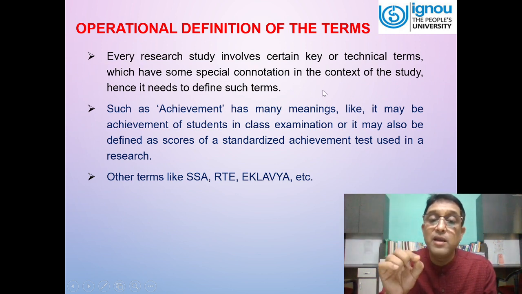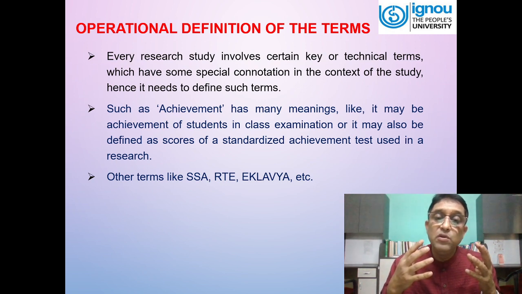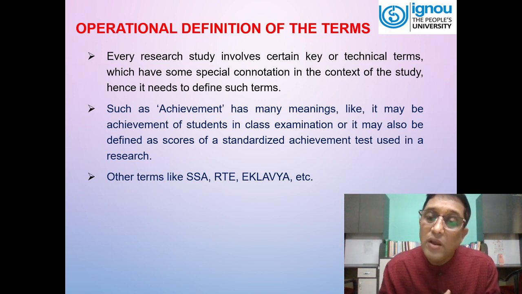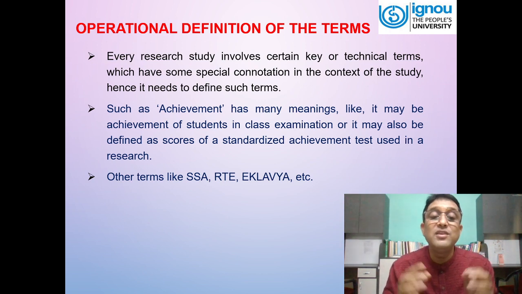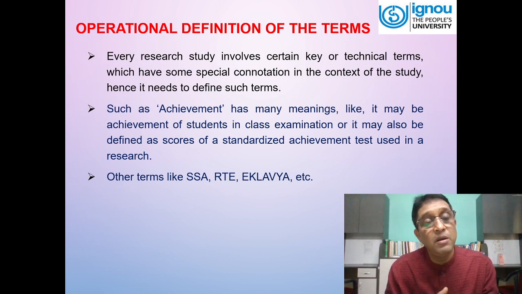In every title you'll find certain technical terms have been used, and certain new terms and new concepts that have been addressed. So there is the need to define those terms in operational ways, in operational terms.